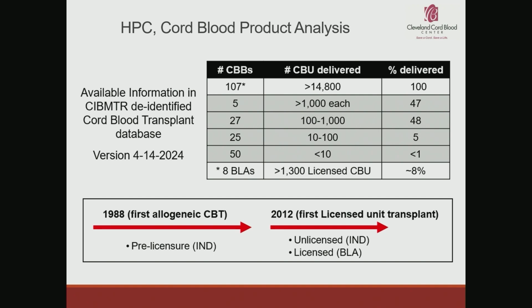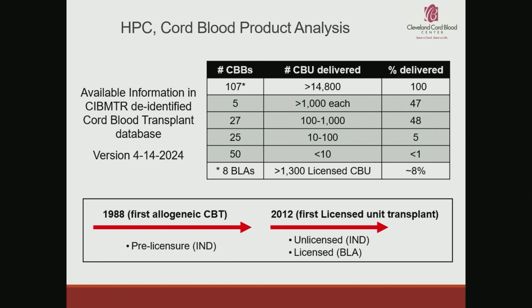So 8 of these 107 cord blood banks have received FDA BLA approval. To date, they have delivered over 1,300 licensed units for transplants, so that's about 8% of the overall. This gives you a snapshot of the relative distributions.